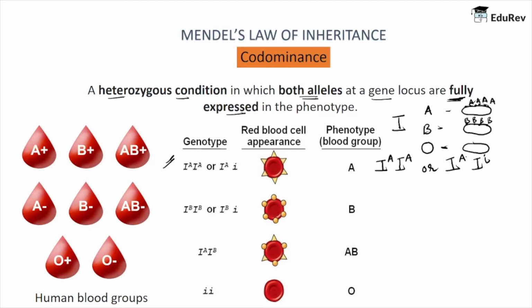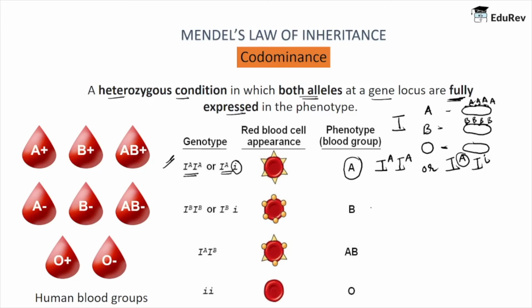In this case, capital A is dominant over the small i, so the blood group will become A. You can see IA IA or IA i. It can be written as small i also. You don't have to get confused. Both the situations are right.